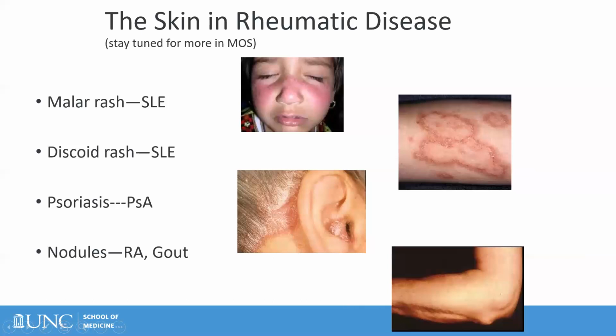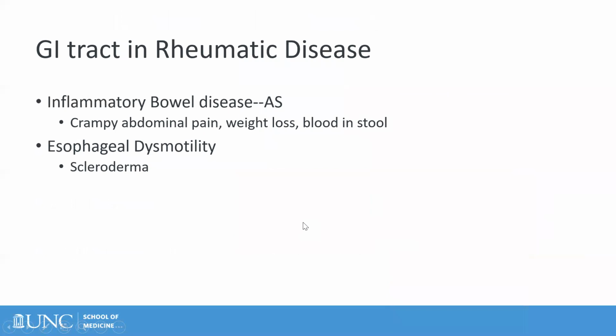I have seen many patients with psoriasis present with just that. Nodules may be present in rheumatoid arthritis or gout, or actually in acute rheumatic fever, although they don't usually occur in the elbow in rheumatic fever, they occur in other places. So looking at the skin can be very helpful. The GI tract, I mentioned inflammatory bowel disease just a moment ago.